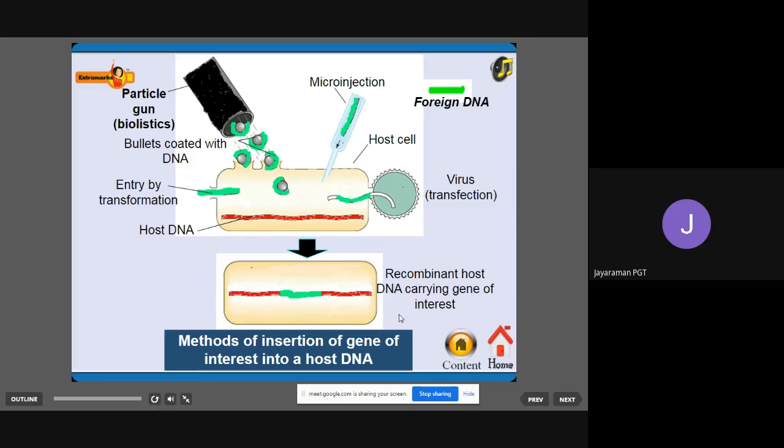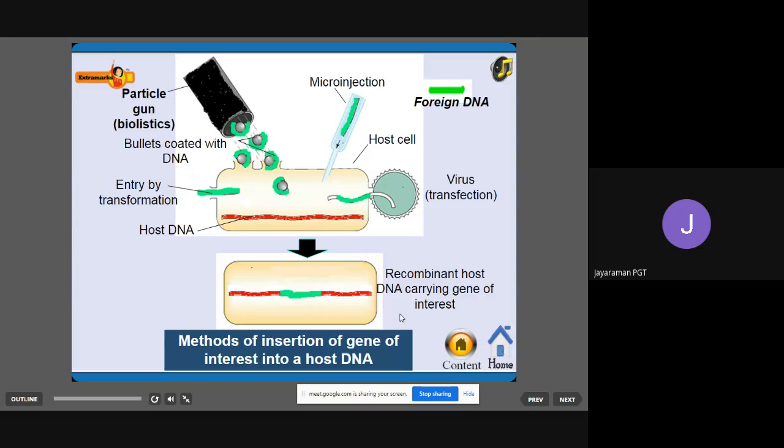After transferring the gene, what is the next process? We have to select whether the bacteria has taken up the gene or not. That is done using a marker, which we also discussed, with different antibiotic resistance genes, or by inserting the gene into a gene coding for a protein, like the LacZ gene.